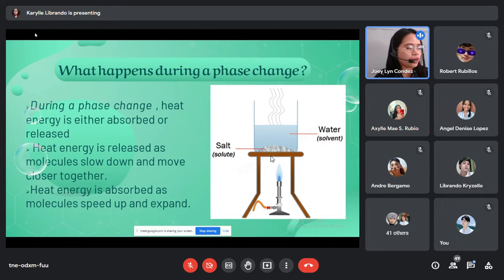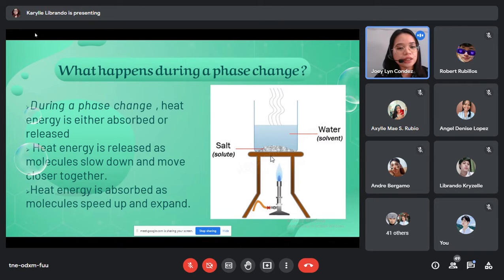Okay, if it involves heat energy, so heat energy there is absorbed. Just like for example, heating salt solution. Okay? Now what happens to the speed of the molecules? Remember, if we're going to increase the temperature, the kinetic energy will also increase. So that means the molecules will speed up. They will move very fast. And aside from that, since ni-undergo man siya og heat, so the molecules will also expand. Okay?